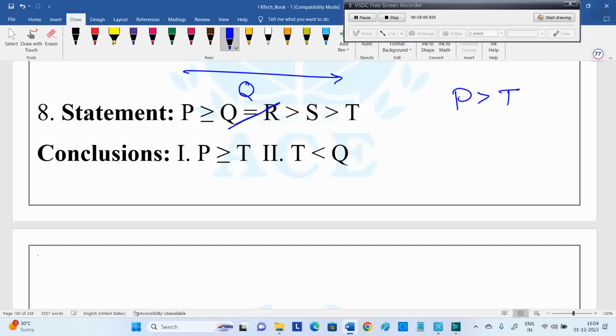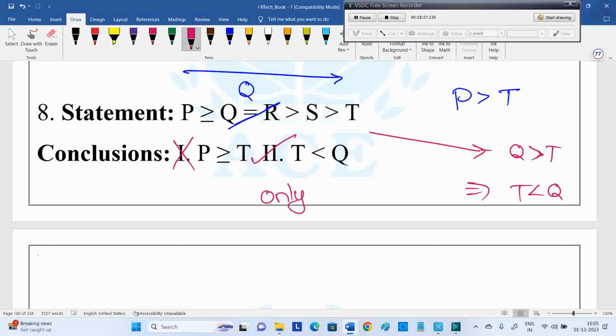P greater than T, but here they given equal also possible, but we got only greater. First one, false. Second one, between Q and T, Q greater than T we got, means T less than Q. Only 2 follows.